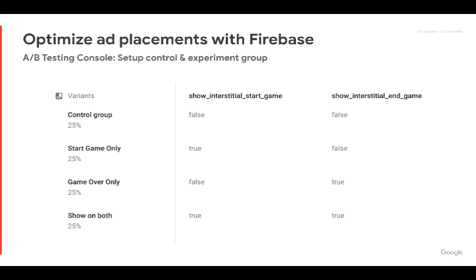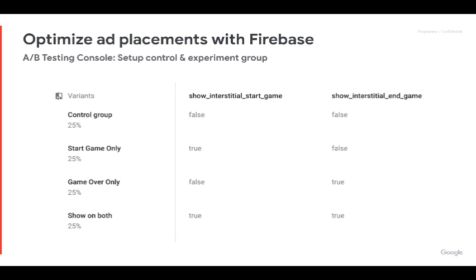Similarly, we have 2 other experiments in which we have a game over only experiment, where at the end of the game we are showing an ad, and then at the start we are not showing an ad, and a 2x2 matrix where we have an ad showing at the end as well as at the start.